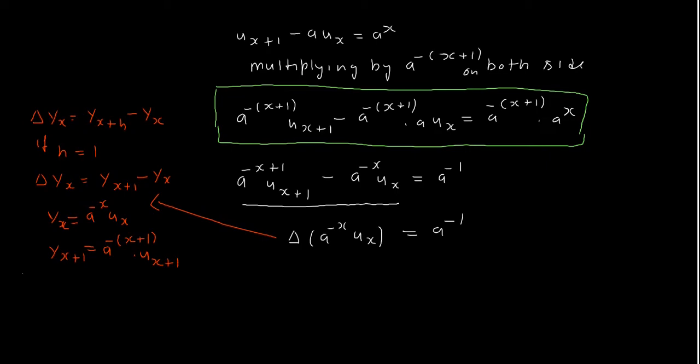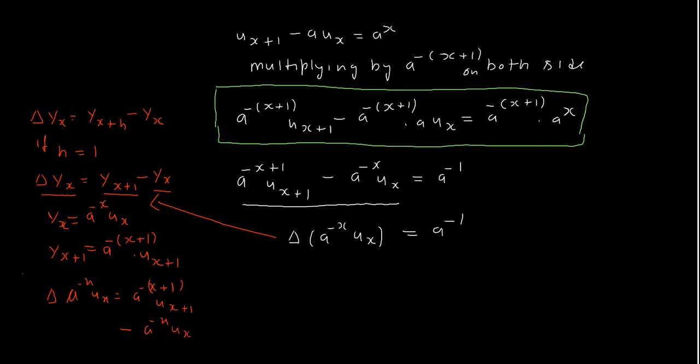Putting the values of y(x plus 1) and y(x) in the definition of the forward difference operator, delta of a to power minus x u(x) equals a to power minus (x plus 1) u(x plus 1) minus a to power minus x u(x).